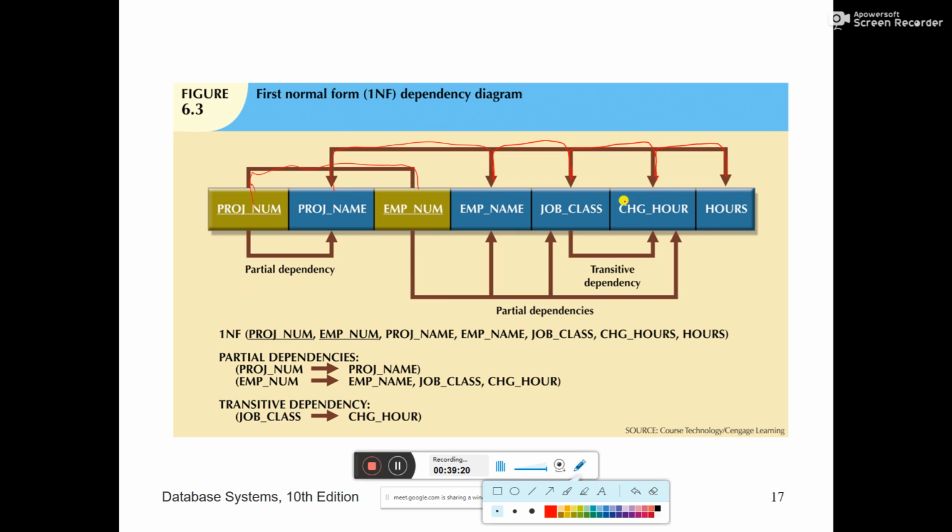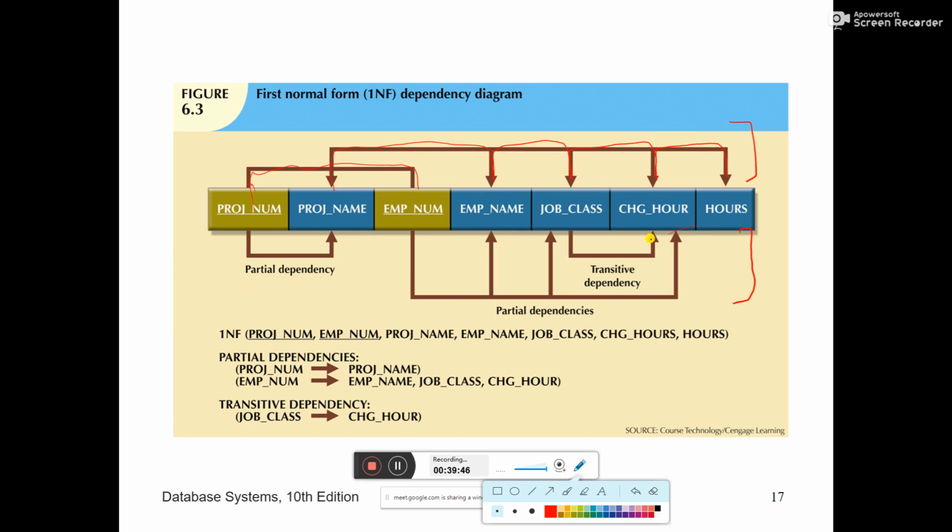We want all non-prime attributes to be fully functionally dependent on the prime key attribute. So on the top we draw the desirable dependency, and here on the bottom side we draw the actual dependency.